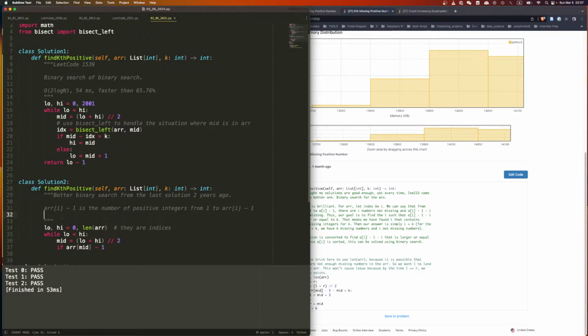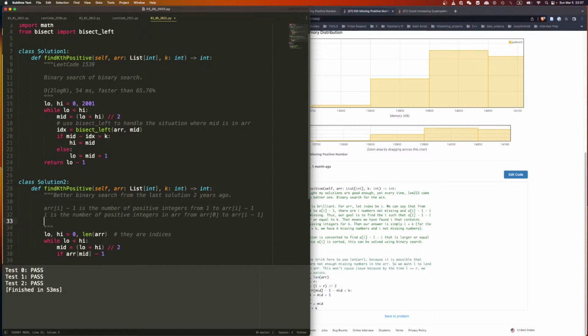And then array I is the number of positive integers in array from array 0 to array I minus 1.